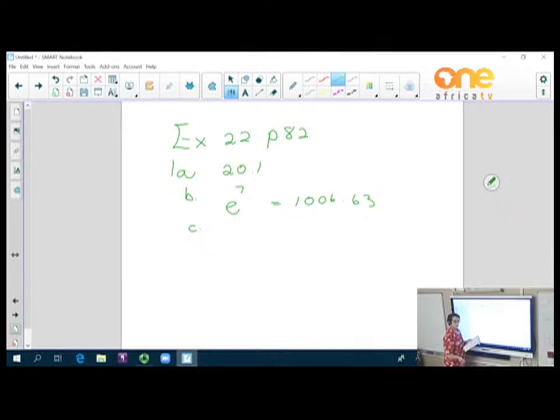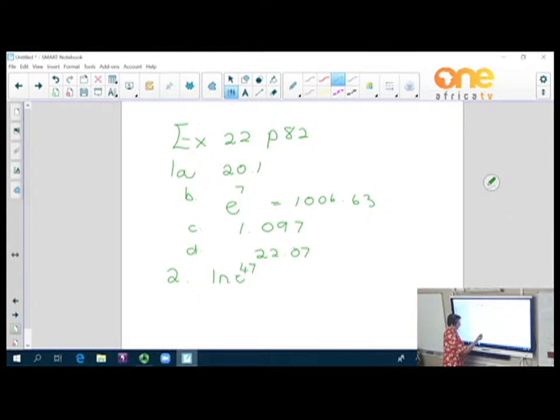Number c, ln 3, press your calculator, ln 3, and I got 1.097. It's on the calculator. Number d, e to the power of 3 times ln 3. So you press it, and then we get 22.07. On my calculator, e and ln. Then they say, without using your calculator, just look at this one, ln e to the power of 47.